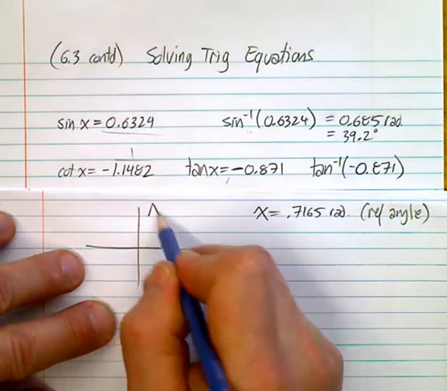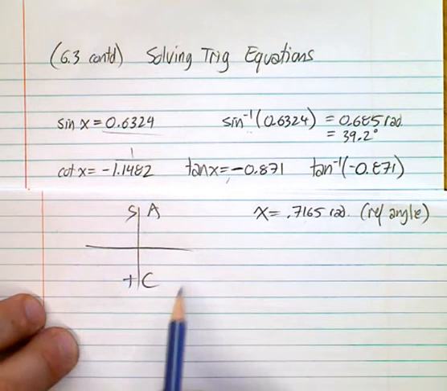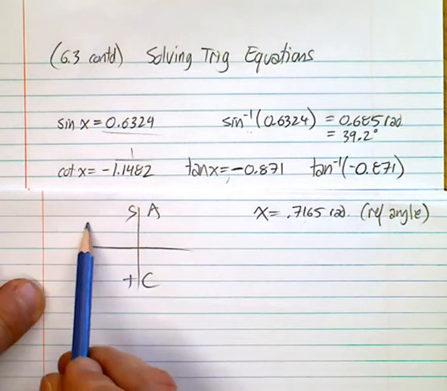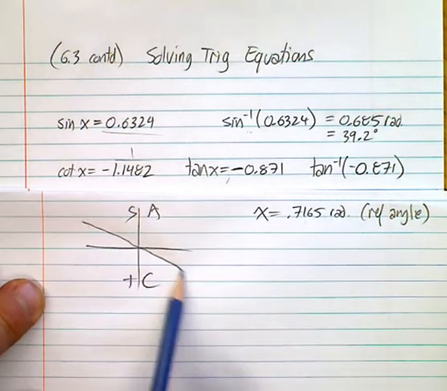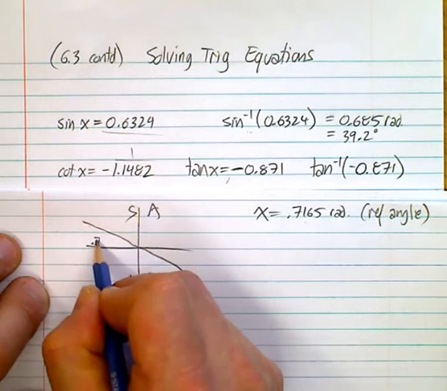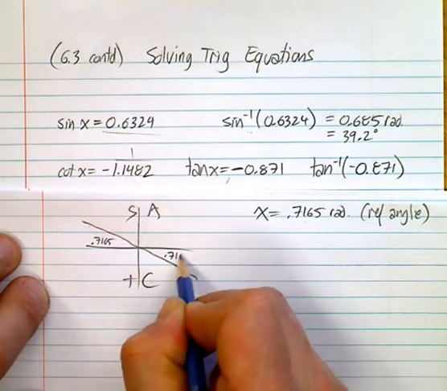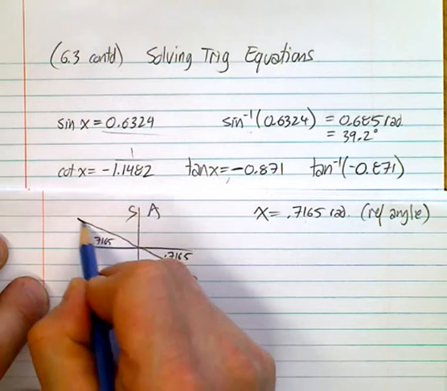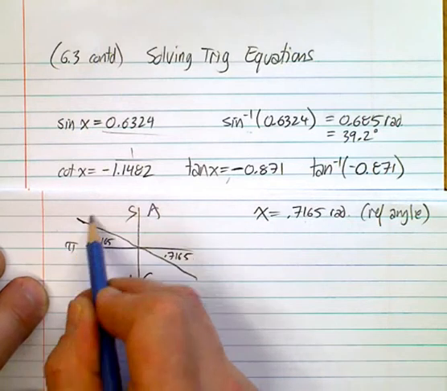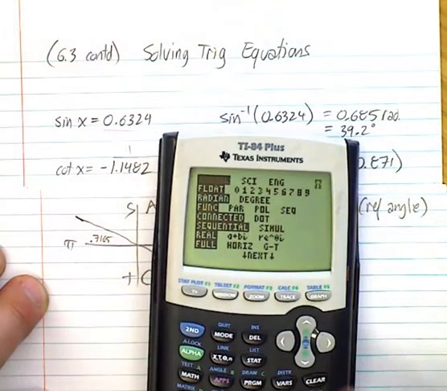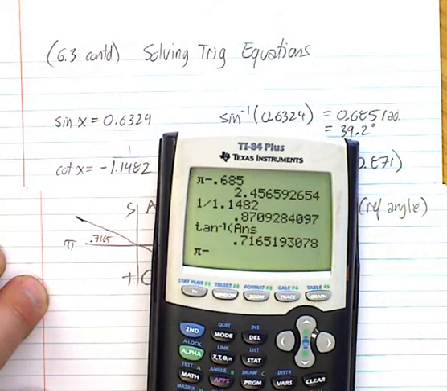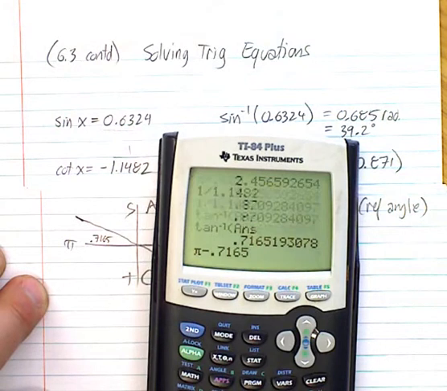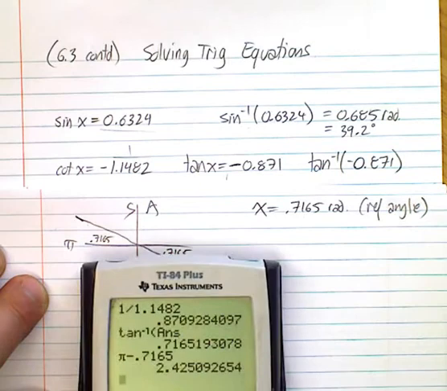So all sine, tan, cos. So we're looking at a reference angle in here and in here, where this is 0.7165, this is 0.7165. So this angle here would be pi minus 0.7165, and you get an angle of 2.43.